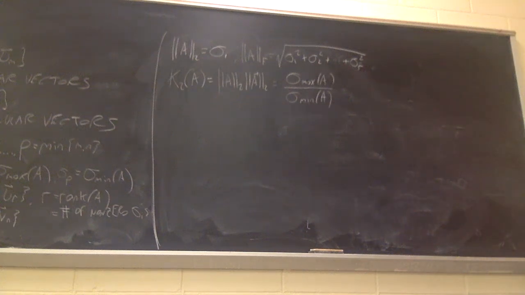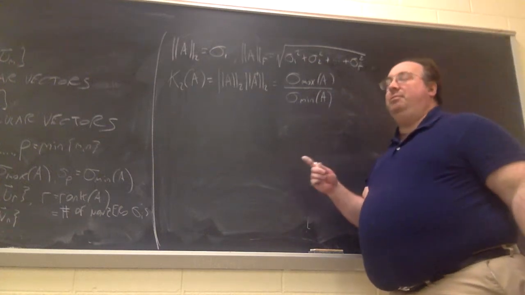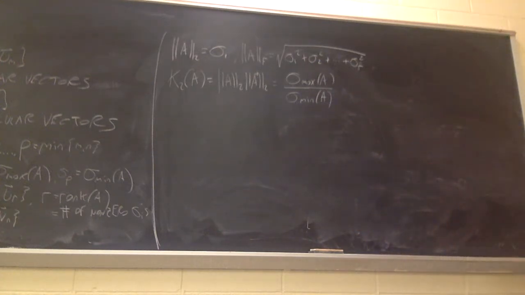Suppose you have a matrix with more rows than columns, so the columns are all linearly independent. If this ratio of sigma max to sigma min is large, that means those columns, while linearly independent, are close to being linearly dependent. So A is close to a singular matrix.